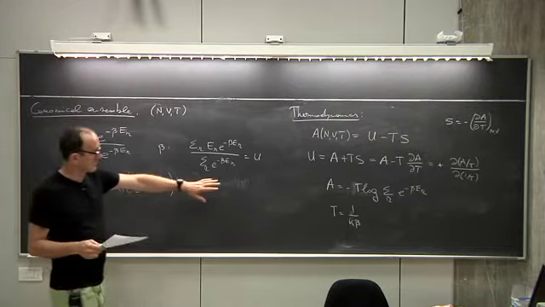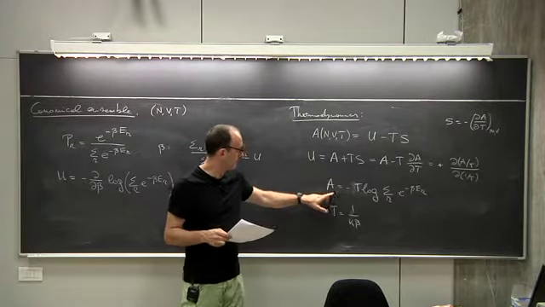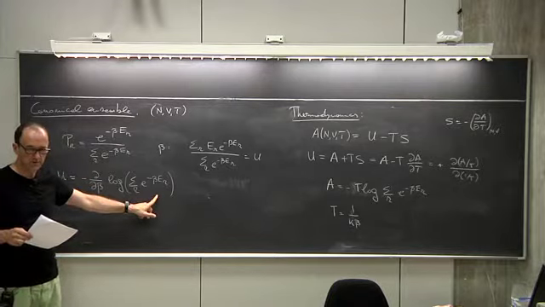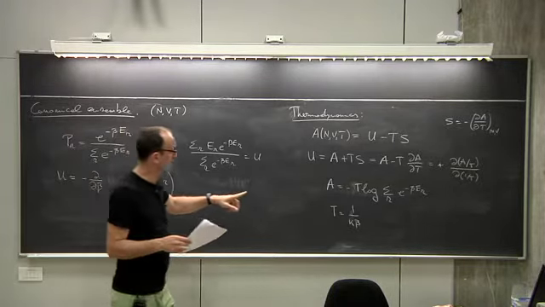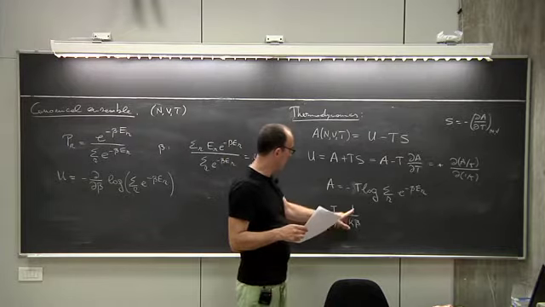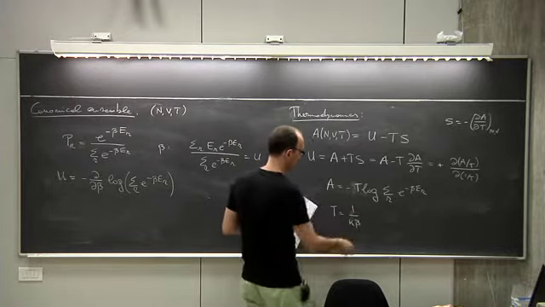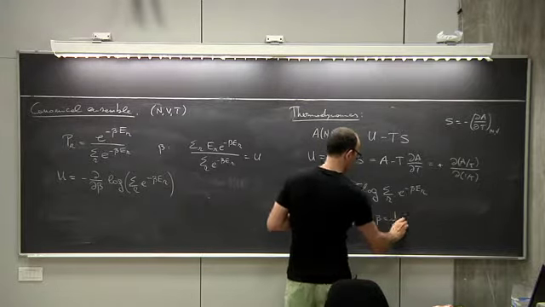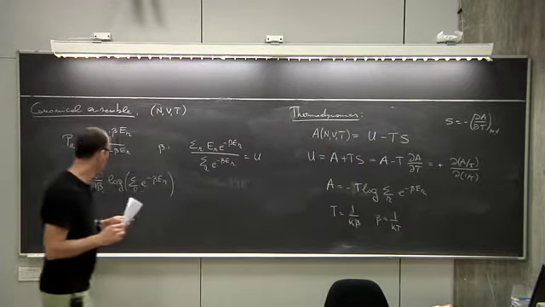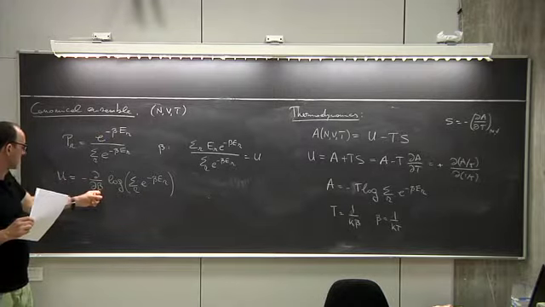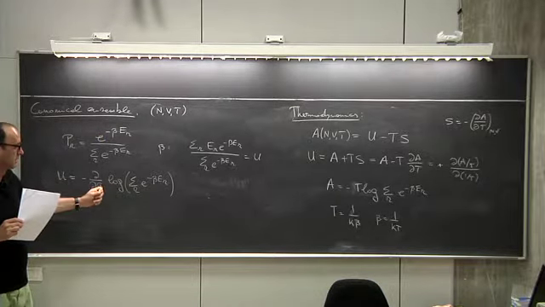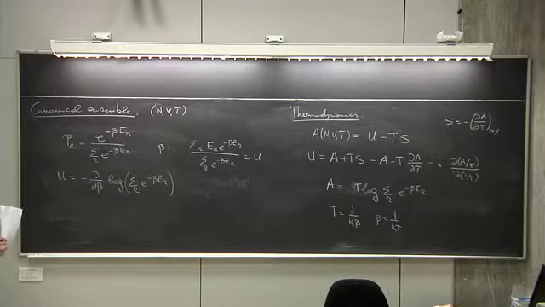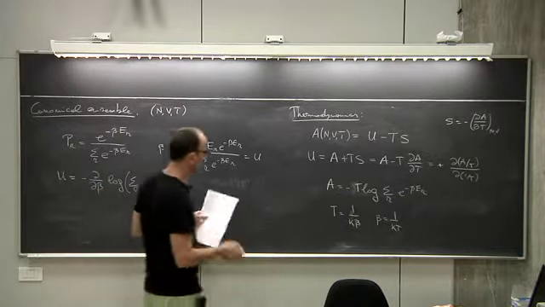So this is just saying that A divided by T is equal to the log of this, okay? And then beta is equal to 1 over kT. So probably I should put the k back.